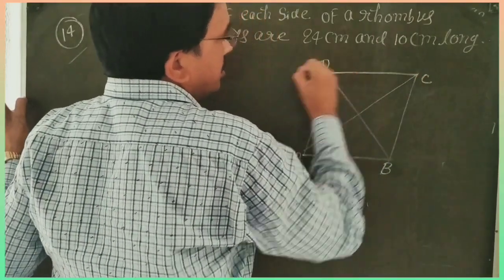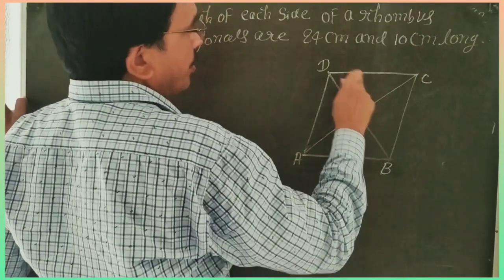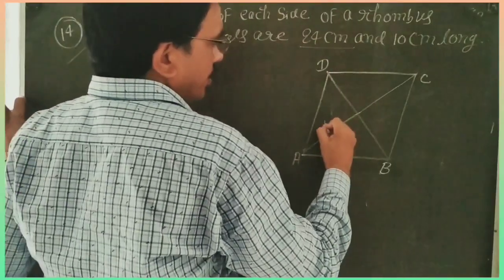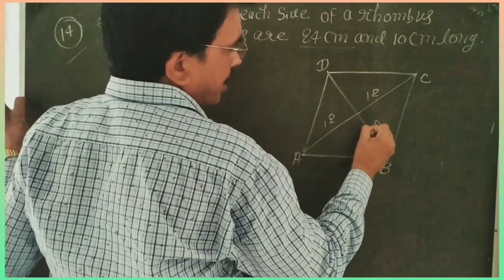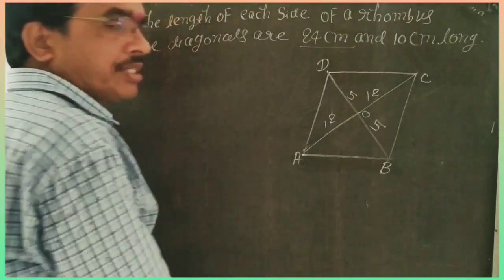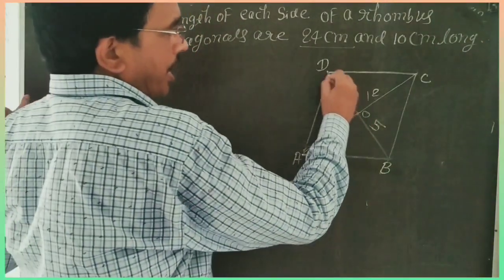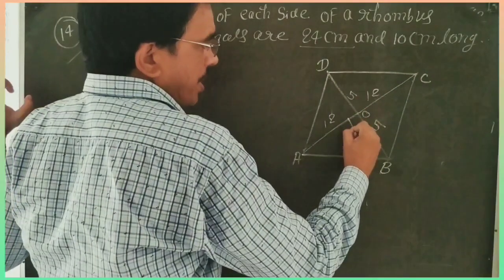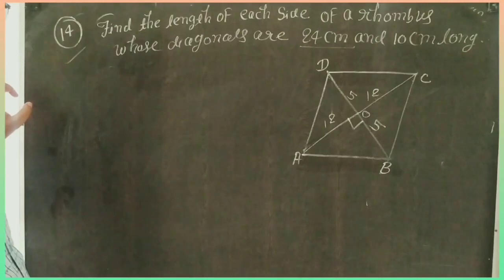ABCD is a rhombus and the diagonals bisect each other. It is 24, then it is 12 and 12; it is 10, then it is 5 and 5. And O is the intersection point of the diagonals. Also the diagonals of a rhombus are perpendicular to each other. That means angle AOB is 90 degrees.